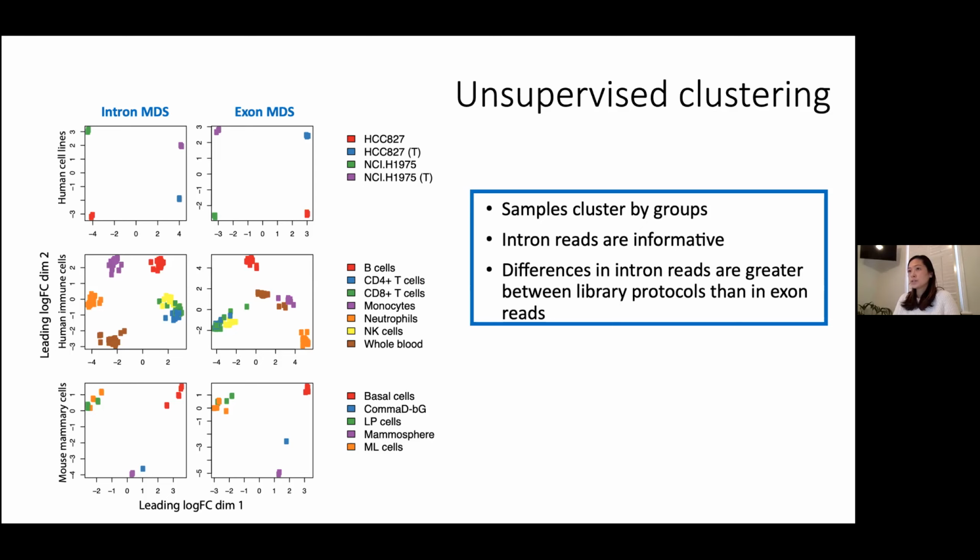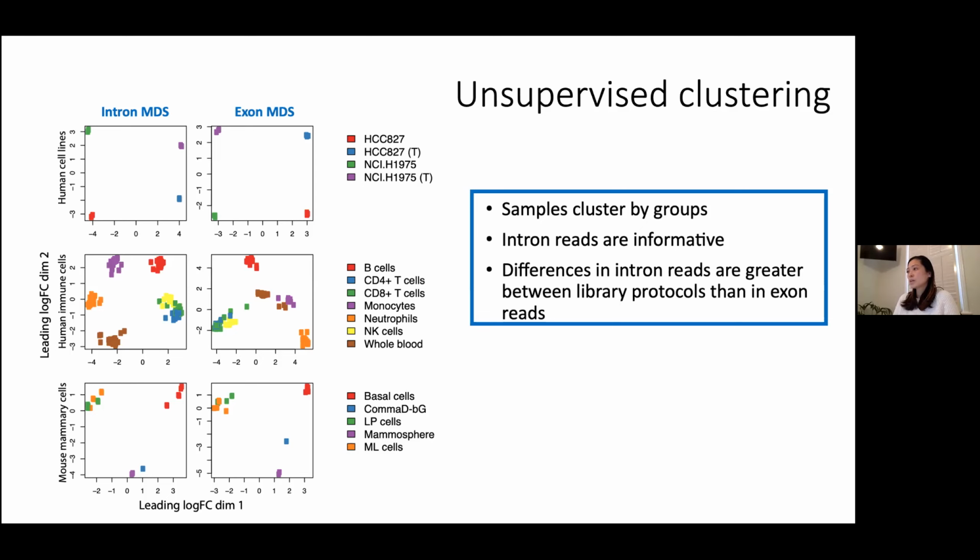So you can see that the libraries cluster by their groups, whether it's technical or biological. And this is a really important observation because it shows, in an unsupervised manner, that the intron reads are informative. They can distinguish the groups that we have, which is really, really important.